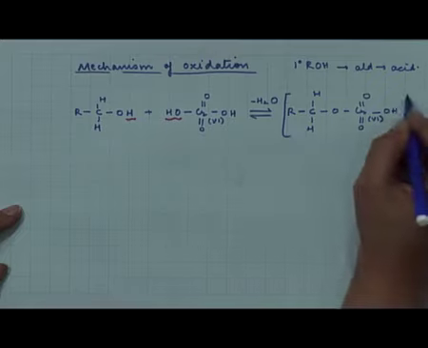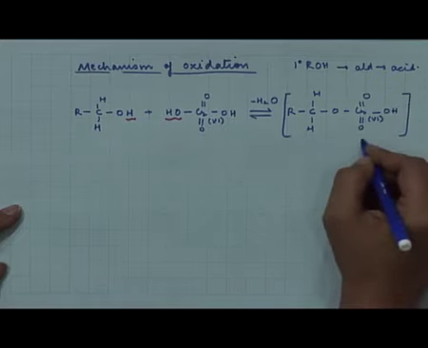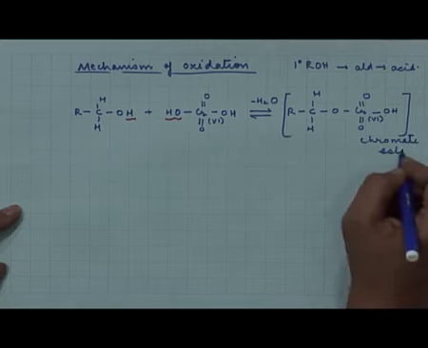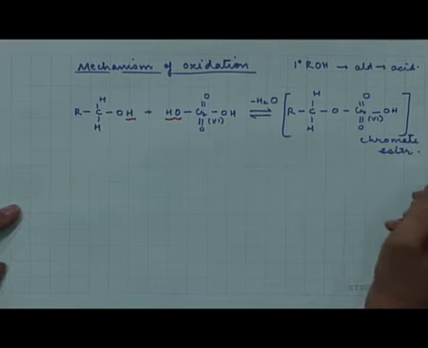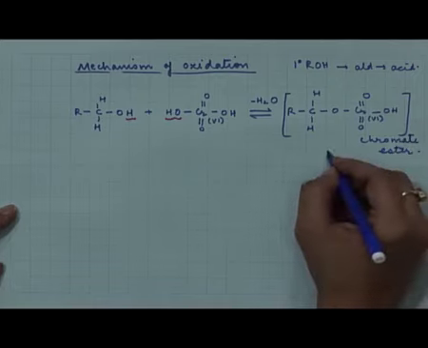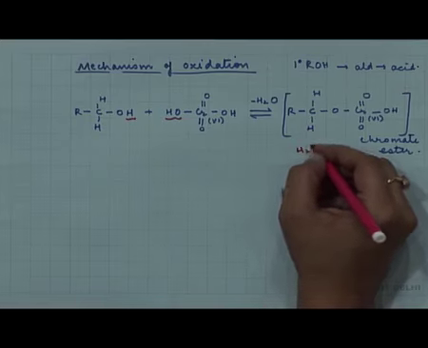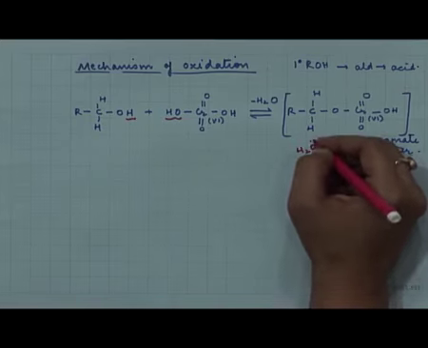You get this intermediate which is a chromate ester. You get this chromate ester which is unstable, it cannot be isolated.